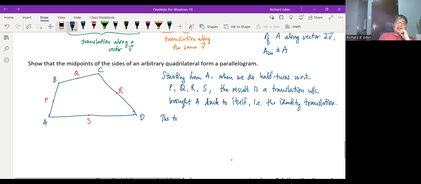The half turns with respect to P and Q is a translation, okay, which brings A to C.